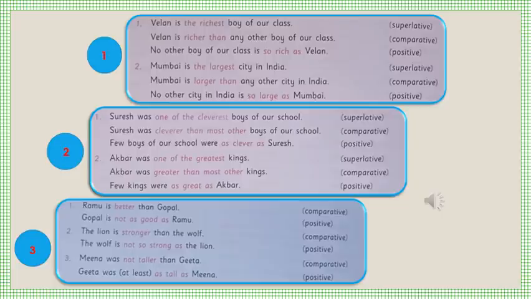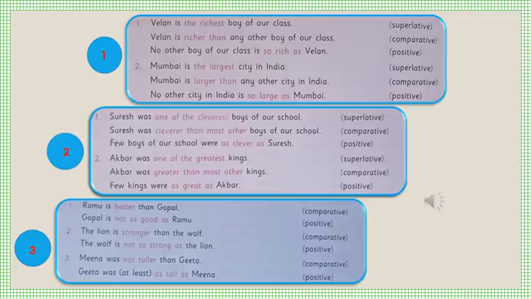When we change it to comparative degree: Suresh was cleverer than most other boys of our school. Why most other boys? Because so many boys are clever. And the positive one: few boys of our school were as clever as Suresh.